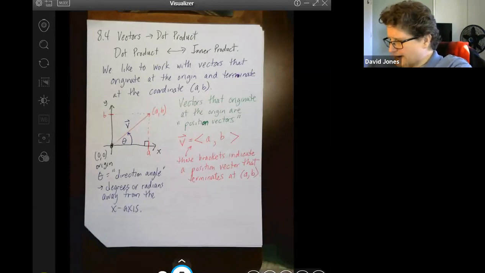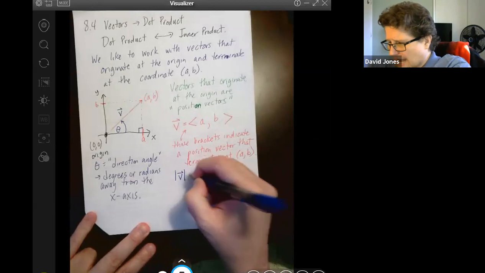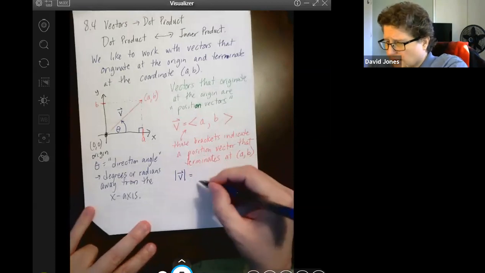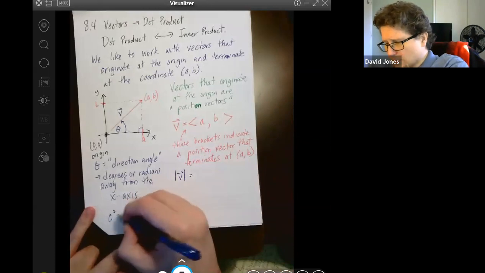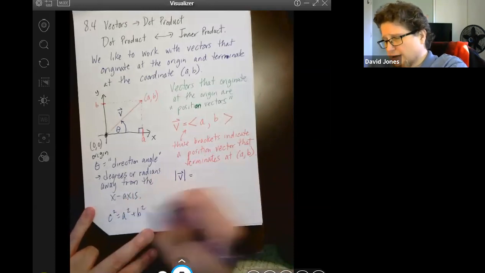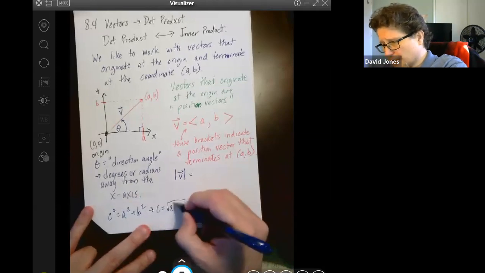We can see here, using the Pythagorean formula, that the magnitude of V has to equal, well, remember, we have C squared equals A squared plus B squared. So C equals the square root of A squared plus B squared. So the magnitude of V is the square root of A squared plus B squared.